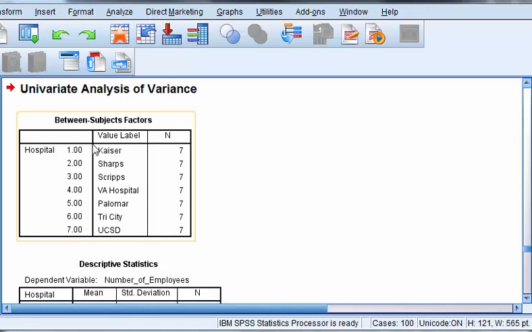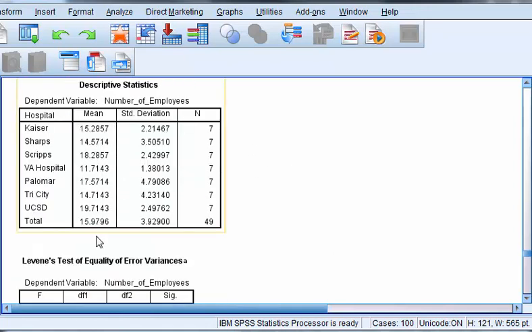So we had 7 different entries for each hospital. There's the means. So I see a high of 19.7, a low of 11. And that's a pretty big difference there. But, okay, so this difference has to be 2 standard errors apart.